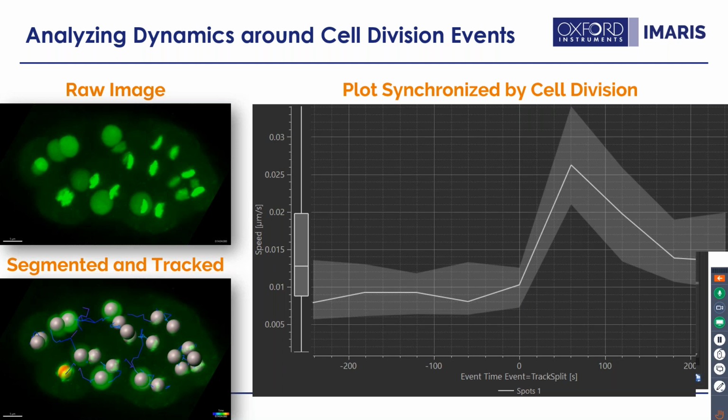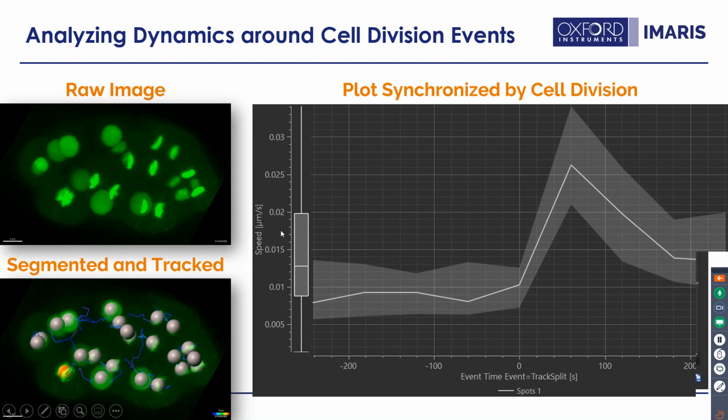So Imaris is able to classify by cell division, calling it this track split. It's then taking a portion of the track and displaying it for you, but it's doing that for all the different times that you see a track split and showing those here.